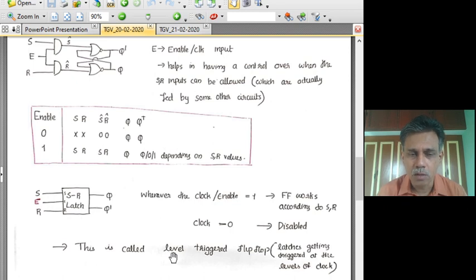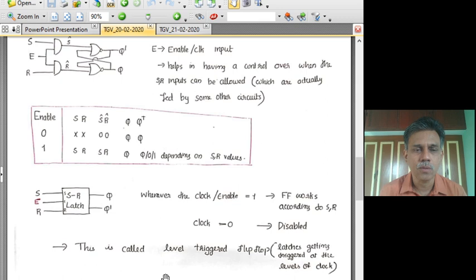While the book by Roth calls all these devices flip-flops, and sometimes calls these latches or level triggered flip-flops, the other thing which we are going to discuss later is the edge triggered flip-flop, if their state changes as a result of a transition in the clock.